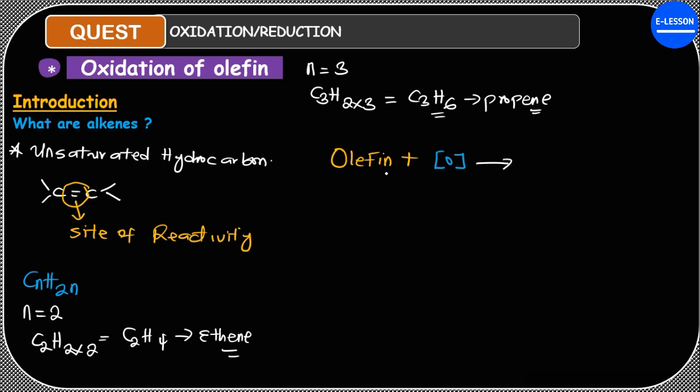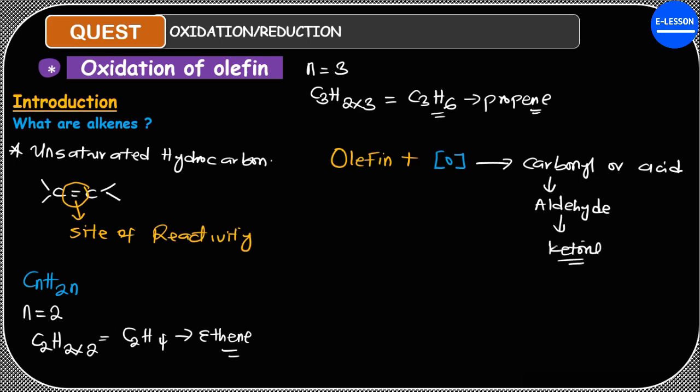This reaction will give us either a carbonyl functional group or a carboxylic acid group. This carbonyl can either be an aldehyde or it can be a ketone.